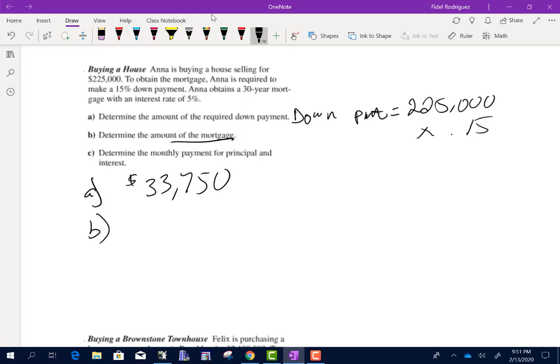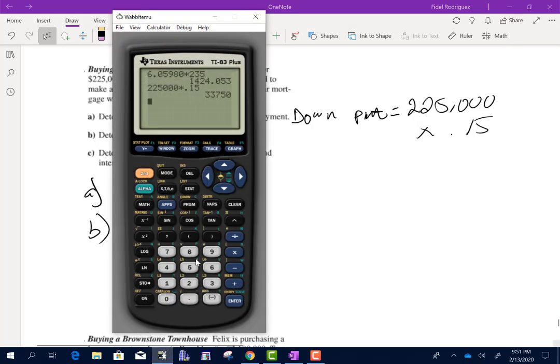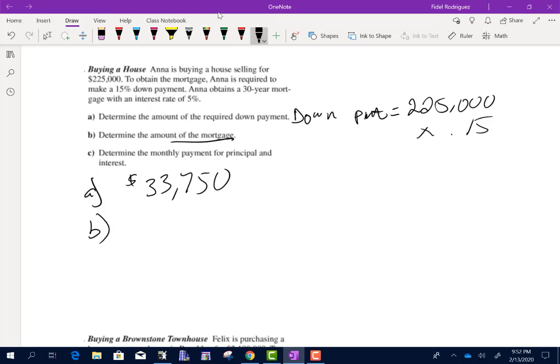Part B now says let's find our mortgage. So remember what we're going to do? We're going to take that 225,000 and we're going to minus 33,750. Okay. So her mortgage is $191,250.